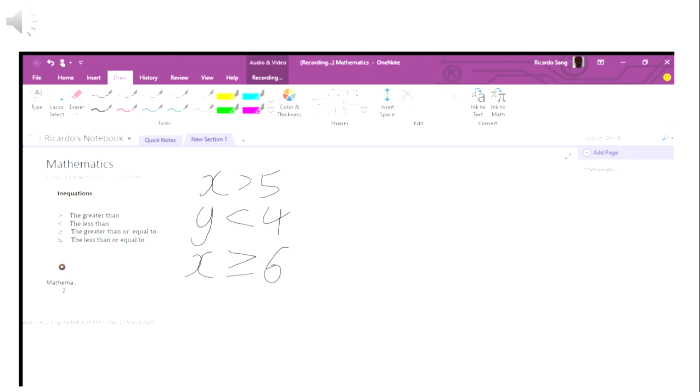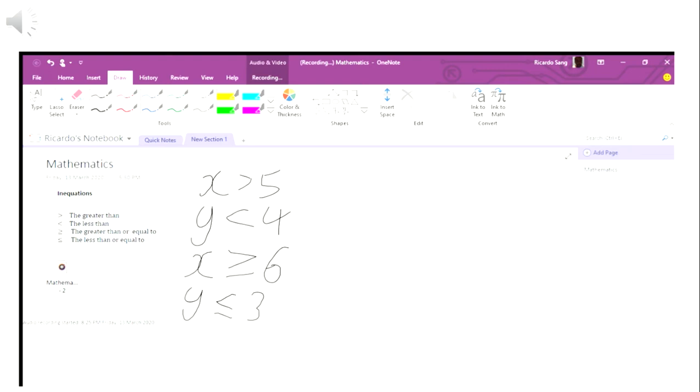So the next one, less than: y is less than or equal to, say, 3. What that is saying is that y has the value 3 and numbers less than 3.